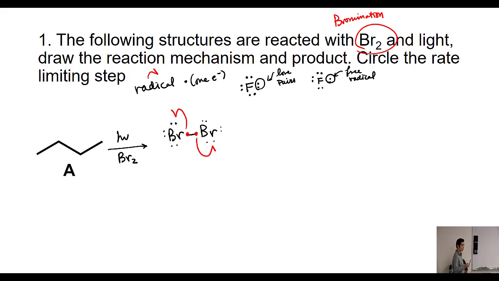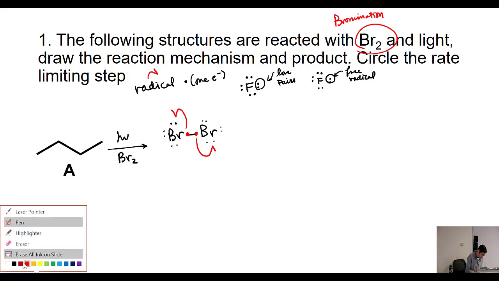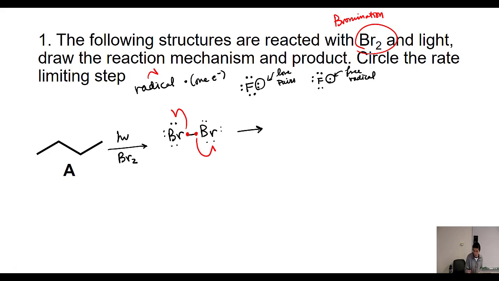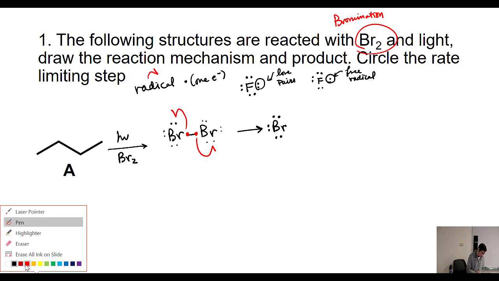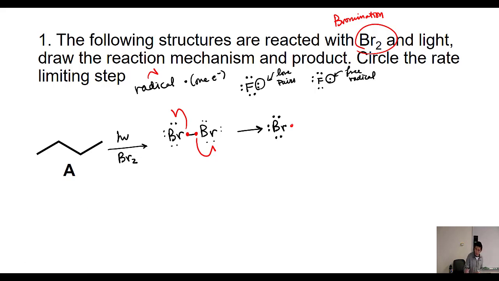So the bromine takes 1 of these electrons, and the other bromine takes the other one. Does it make sense? So what I get is bromine with 1 free radical.